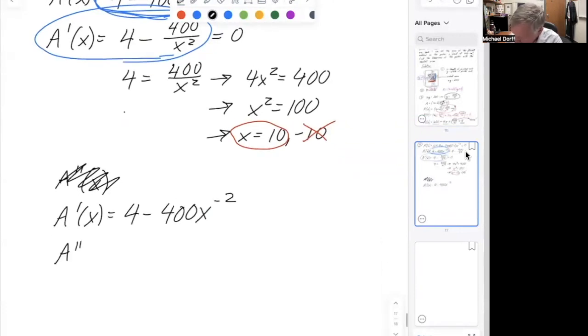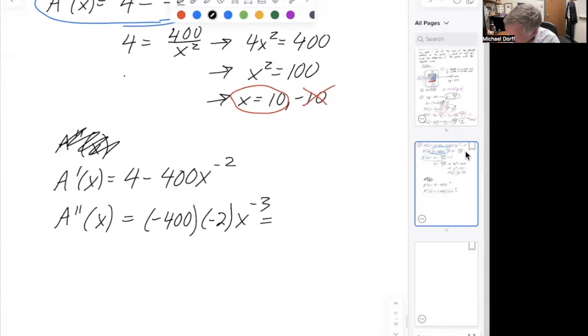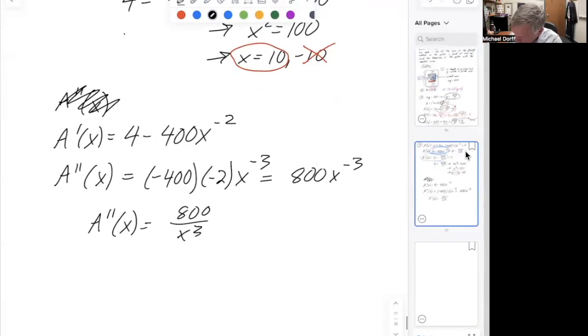So for the second derivative, I'm going to take the derivative of that. When I do that, I'm going to get negative 400 times negative 2, and I get x to the negative 3. So that's going to be 800 x to the negative 3, or 800 over x cubed.